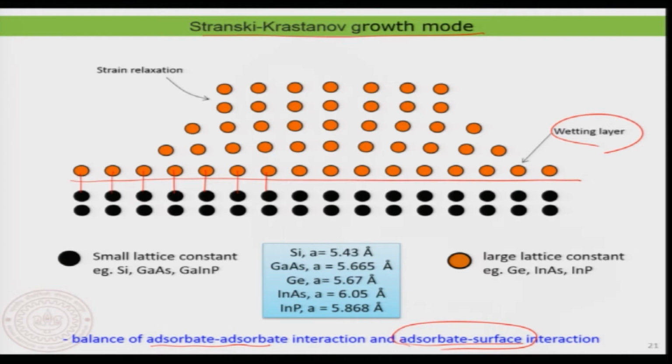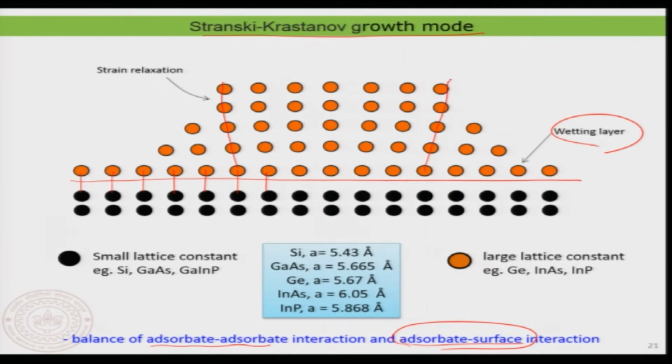As soon as you have the second, third, fourth layer, and as the layers increase in the z direction, the influence of the surface reduces. As soon as the influence of the surface reduces, what happens? The adsorbate atoms would relax back to their original or bulk lattice, and therefore finally you can see the adsorbate lattice is just growing like this.